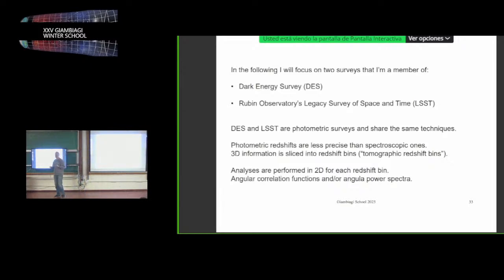So you see that we do things that are very similar to what people in CMB do, because we are also doing a spherical analysis, not 3D. Because we just do things bin by bin, in the projected galaxies in that bin. So what we measure is the angular correlation function or angular power spectra.